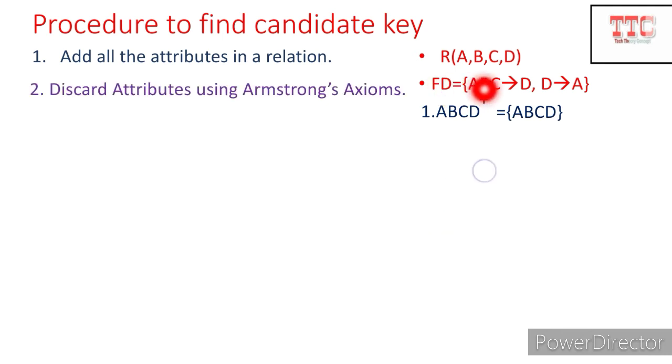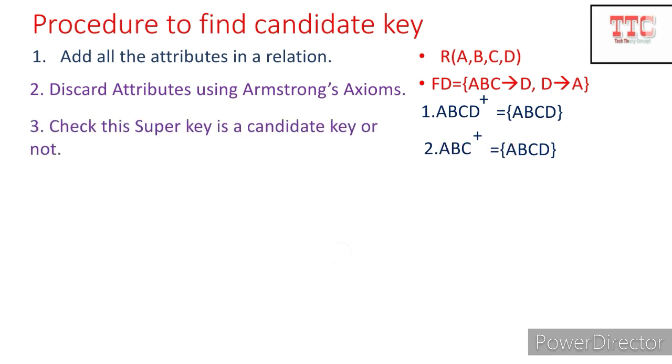Here we will check the given functional dependency A, B, C determine D. It means that if we have A, B, C, then we can discard D. Also, if we have D, then we can discard A. So here we can discard either D or A in the first step. Suppose we discard D in the first step, so we will have only A, B, C attributes. This is definitely a super key.